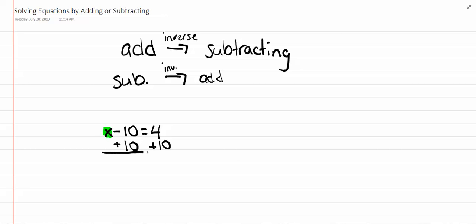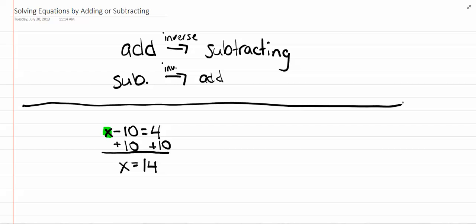So let's do that. Negative 10 plus 10 is 0, so it goes away. So we just have this x on one side. And then the equal sign comes down, and then we have 4 plus 10, which is 14. So x equals 14. And all that says is that if we plug 14 in for x, we should get 4.